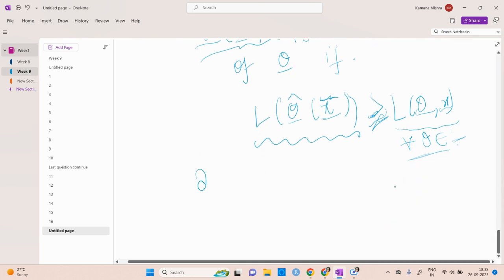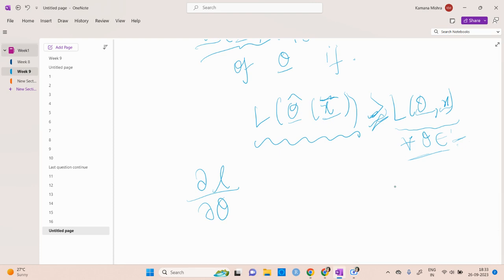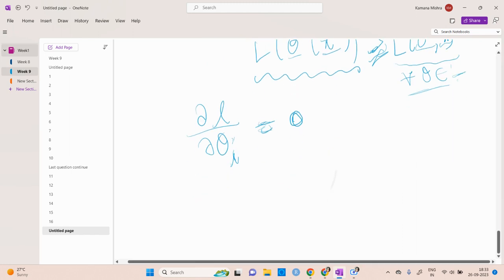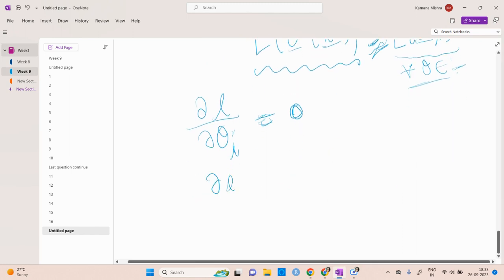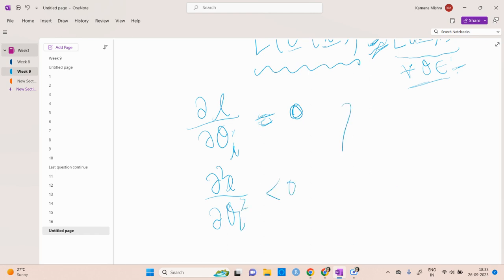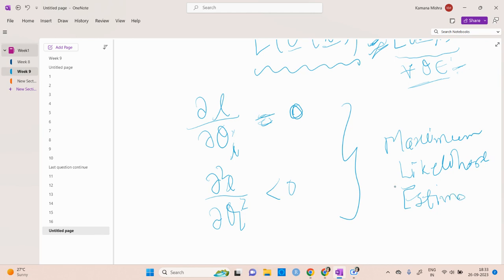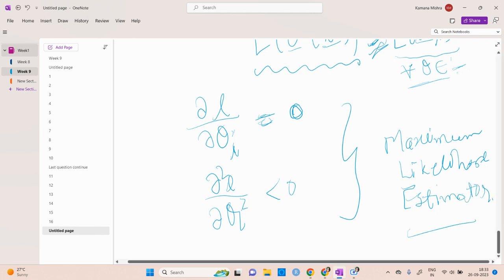Then we differentiate with respect to all the theta i's, say theta 1, theta 2, theta 3, and set it equal to 0. It will be a maximum when the second derivative with respect to theta i is less than 0. If this condition is satisfied, then we have found our maximum likelihood estimator, and that estimator will be named the maximum likelihood estimator.